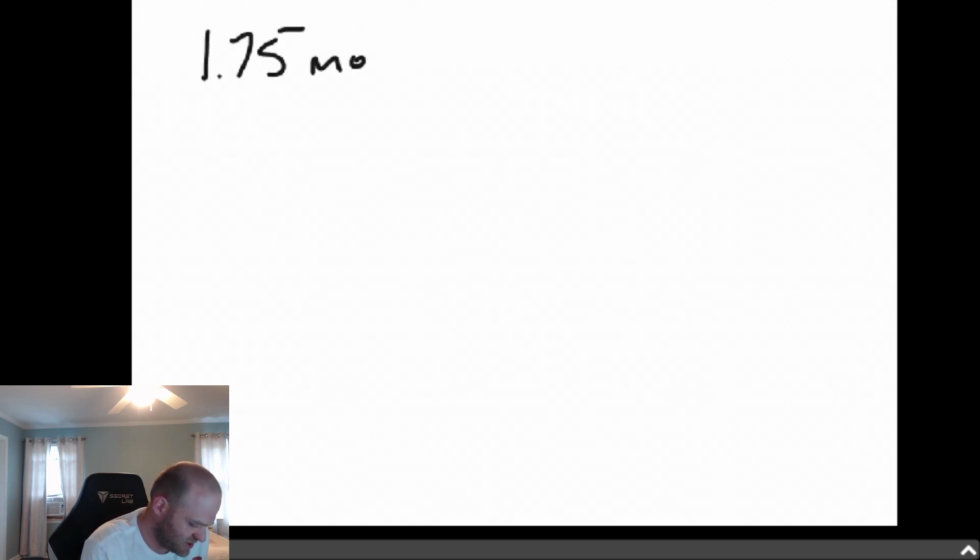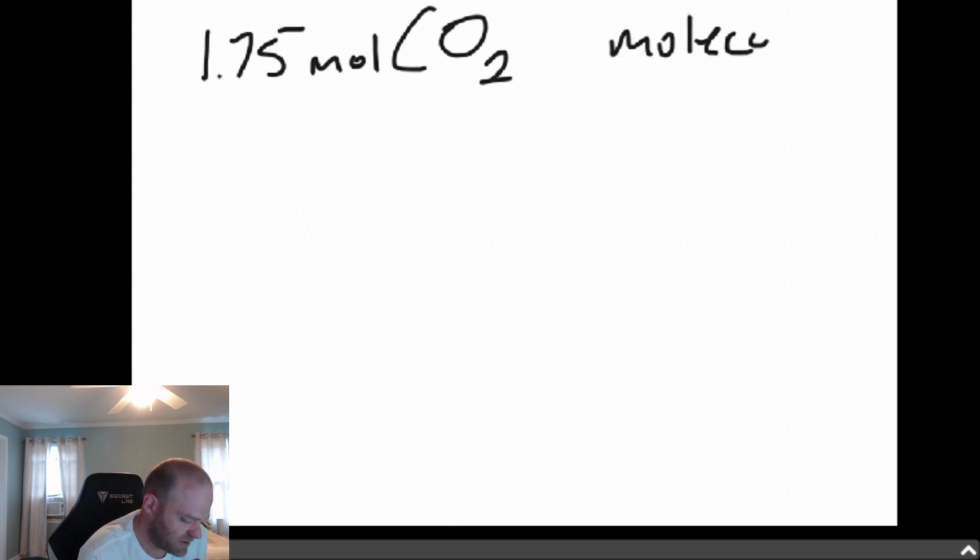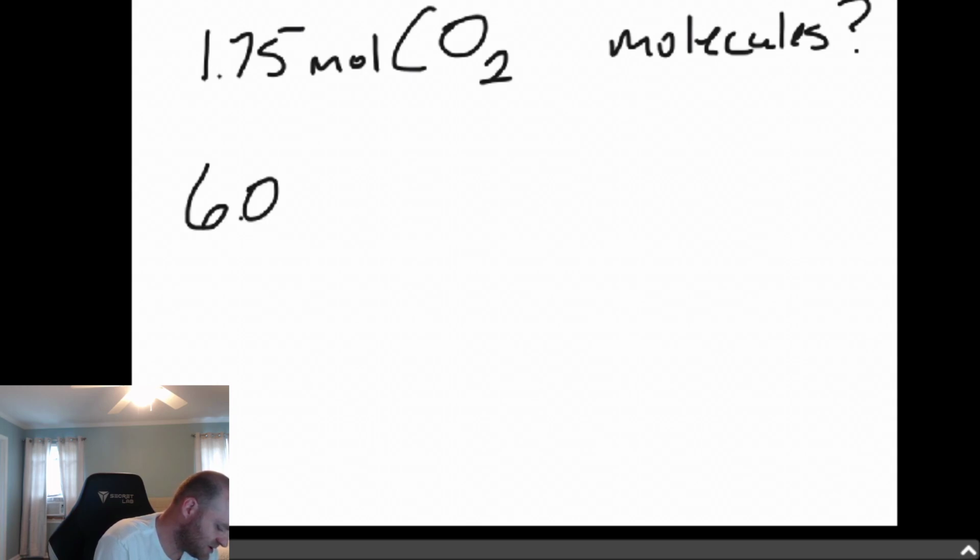Okay, so it says I have 1.75 moles of carbon dioxide, and it wants to know how many molecules. So we said Avogadro's number is 6.02 times 10 to the 23.